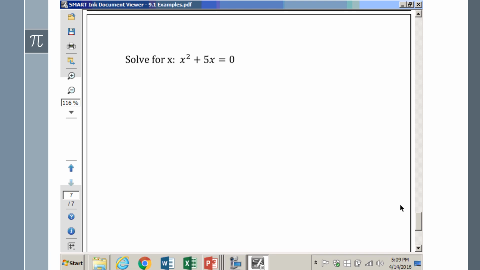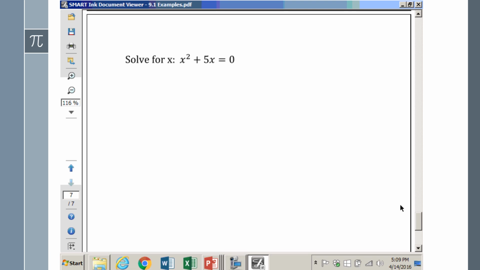The last problem in our group of examples for section 9.1 is x squared plus 5x equals 0. This is a pretty basic problem. Since we've already got everything to the left side of the equation, now what we're going to do is look for a common factor between each of the terms on the left side.